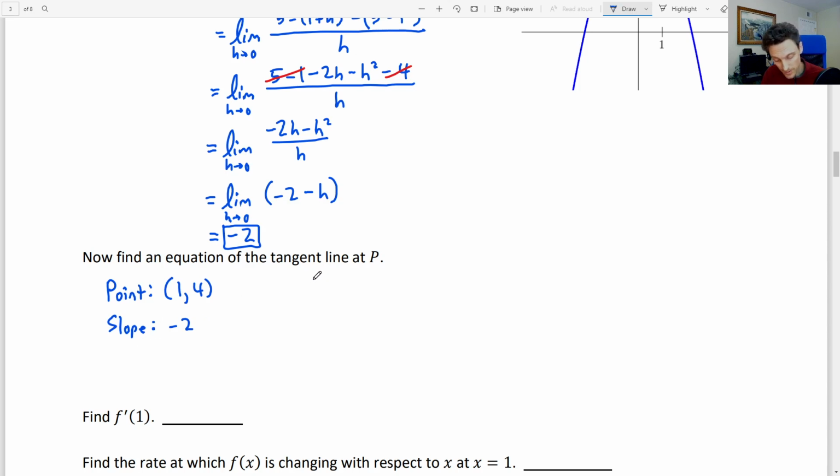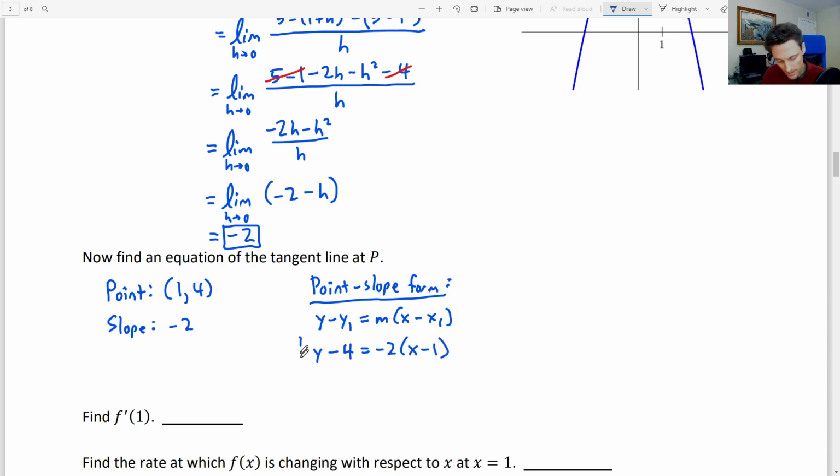So we're going to use point slope form to get the equation for this tangent line. Remember that point slope form is y minus y1 equals m times x minus x1. Here x1 comma y1 is any point on the line, and m represents the slope of the line. So we're going to use the 1, 4 as our x1, y1, and just feed this into the point slope form. Now I'm going to go ahead and box this. This is an equation for the tangent line.